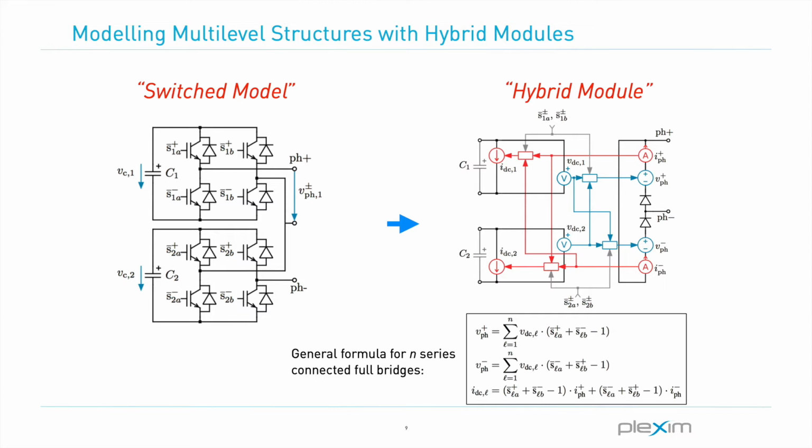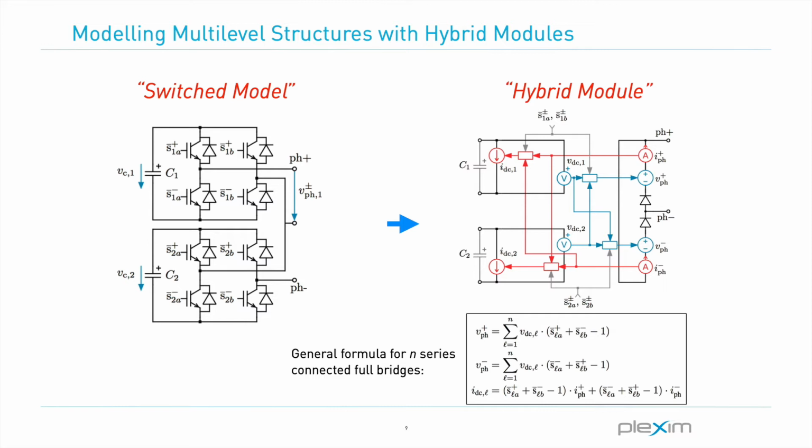Here we have basically 8 switching devices, and we reduce that to just a pair of 2 diodes, which distinguish the direction of current flow at the phase output terminals, and the rest is implemented with controlled current and voltage sources. What this means is that instead of actively triggering a swap or recalculation of state space matrices, these switching signals now become an input to the state space description.